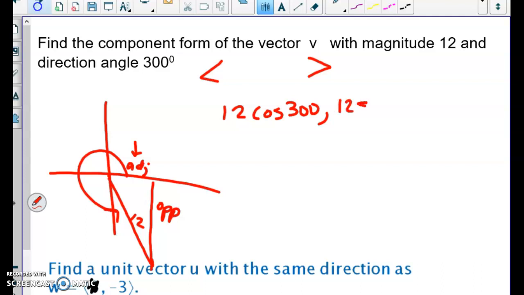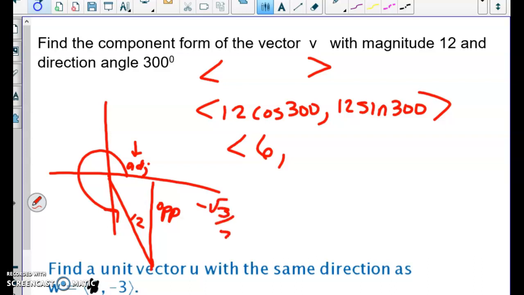So I would go 12 sine of 300. And my vector simplifies down to 6, and sine of 300 is negative root 3 over 2 times 12 gives me negative 6 root 3.